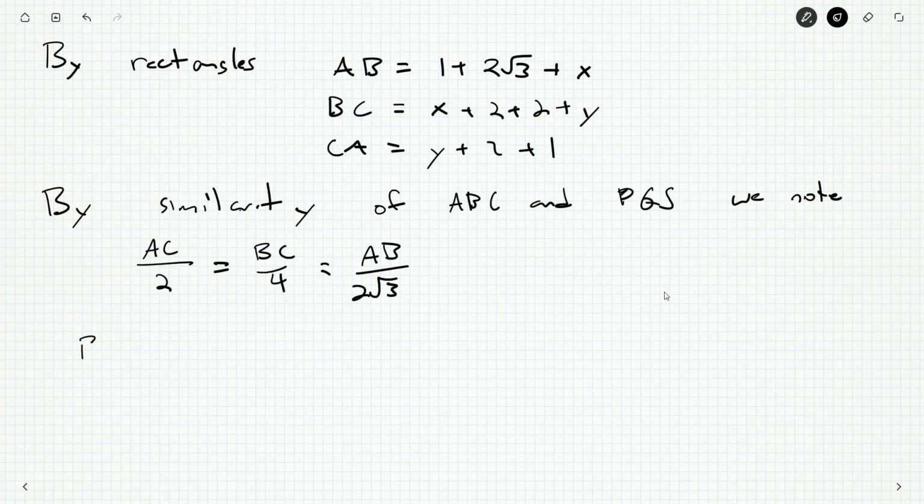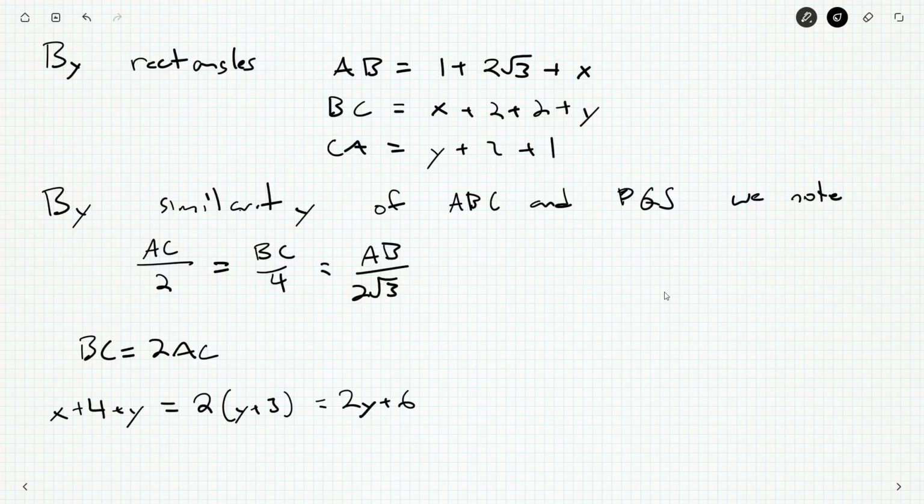Okay, so BC is twice AC. X plus 4 plus Y is equal to twice Y plus 3. And that's 2Y plus 6. So from there, cancel a Y. We'll get Y plus 6 is X plus 4. Or X is equal to Y plus 2.